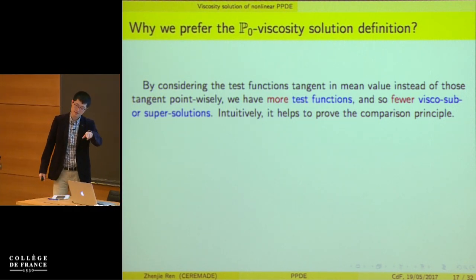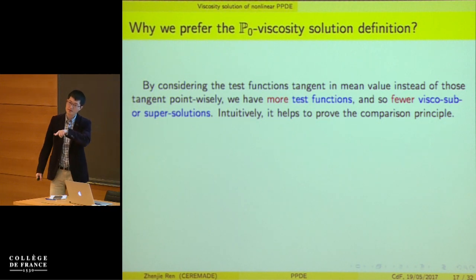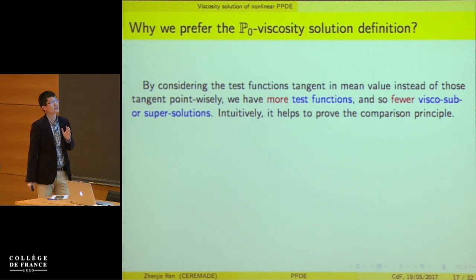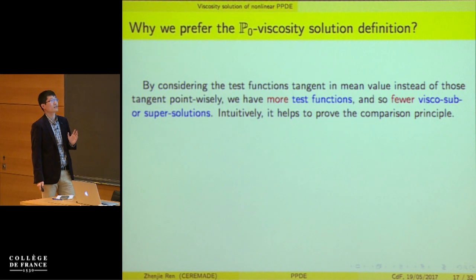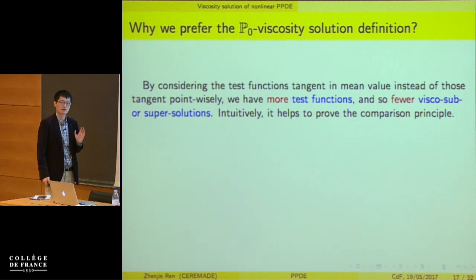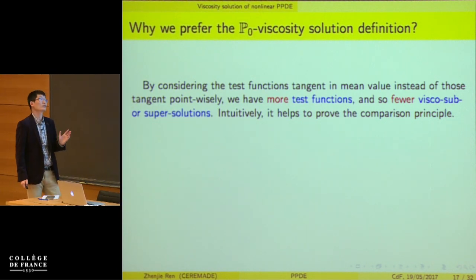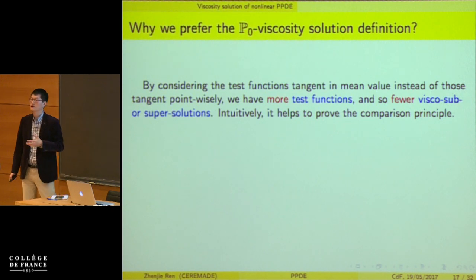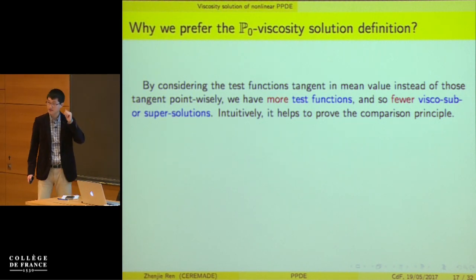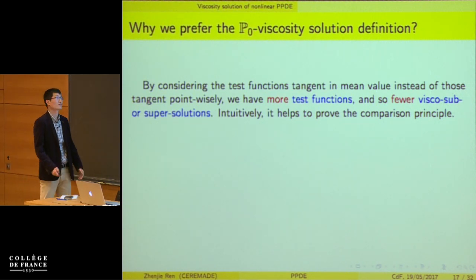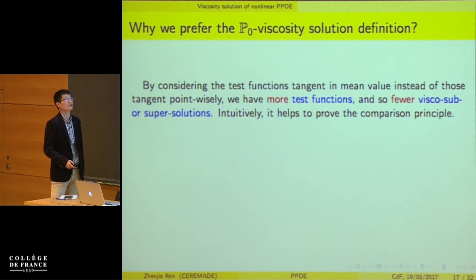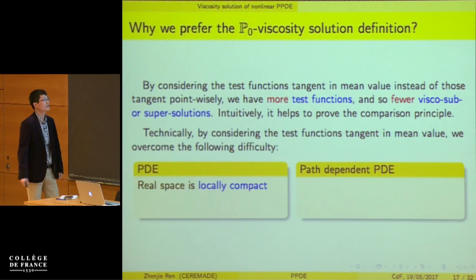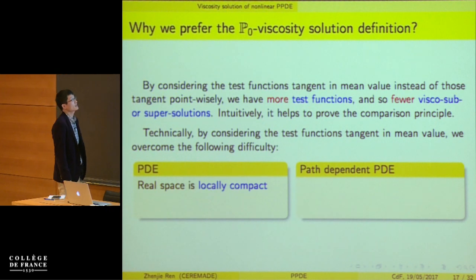So the new test function set A is bigger than the old one. We are taking care of more test functions, and consequently, there will be fewer viscosity subsolutions or supersolutions. And intuitively, it will make the comparison easier to make, because you are comparing fewer pairs of functions.